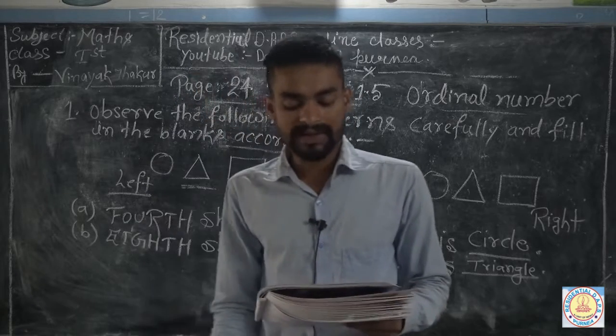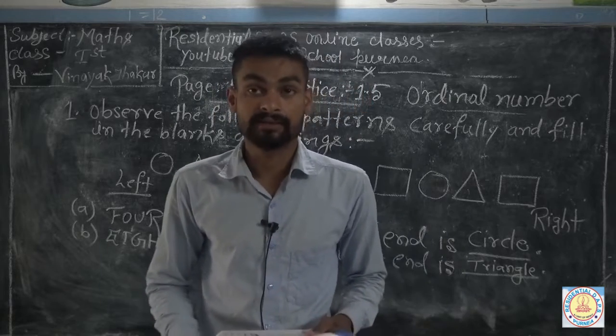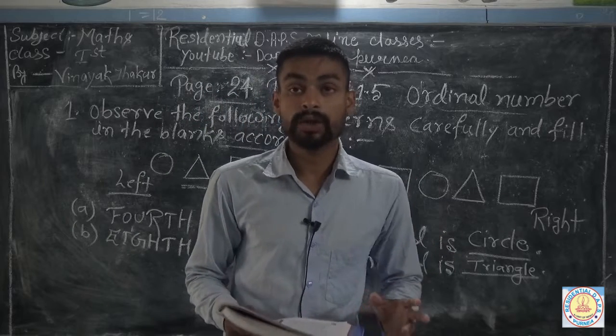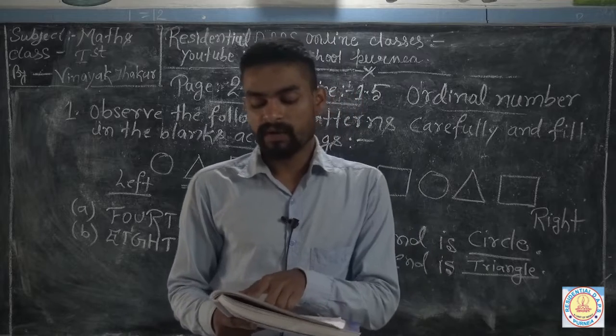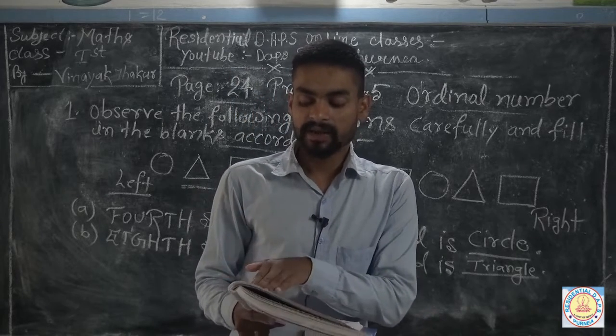Your question number C, strawberry is dash in the row from the right end. So strawberry is on the 4th position in the row from the right end, because you can count easily from the right end.